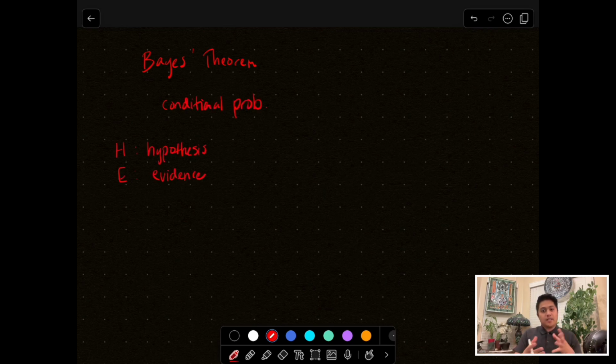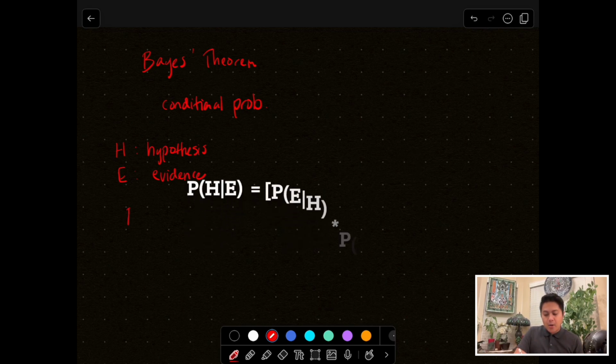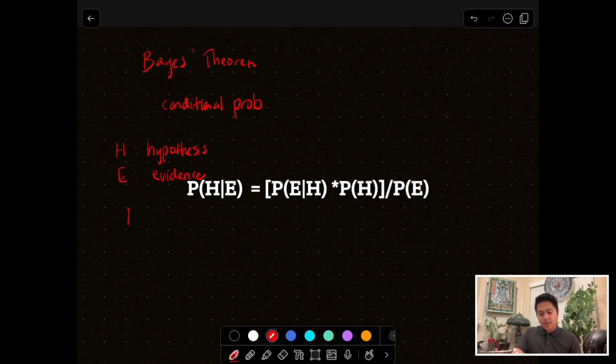The way that we can state it in words is P of H given E. That's what the vertical bar means. It means given. So I'm saying the probability that my hypothesis is true, given that I've seen some evidence, is equal to the probability I would see that evidence given the hypothesis is true, multiplied by the probability that the hypothesis is true in the absence of any evidence whatsoever.